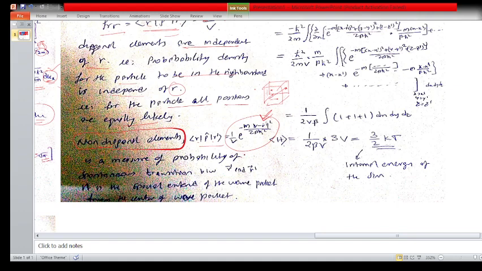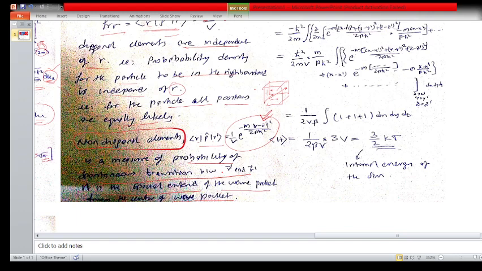It is not 1 by v, but we are having this term. So it gives the measure of the probability of spontaneous transition between r and r dash. In other words, it is the spatial extent of the wave packet from the center of the wave packet.